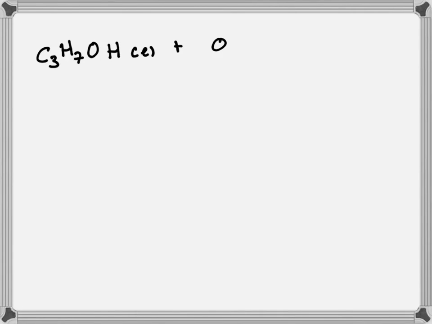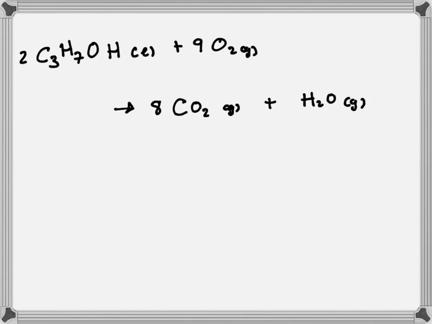We're going to burn it in our oxygen, and we're going to get our carbon dioxide and our water. Usually combustion is done at a high temperature, so I'm going to put our water as water vapor. Okay, we've looked at this reaction one other time, so we get a 2 there, a 9 there, an 8 there, a 6 there, and an 8 there.